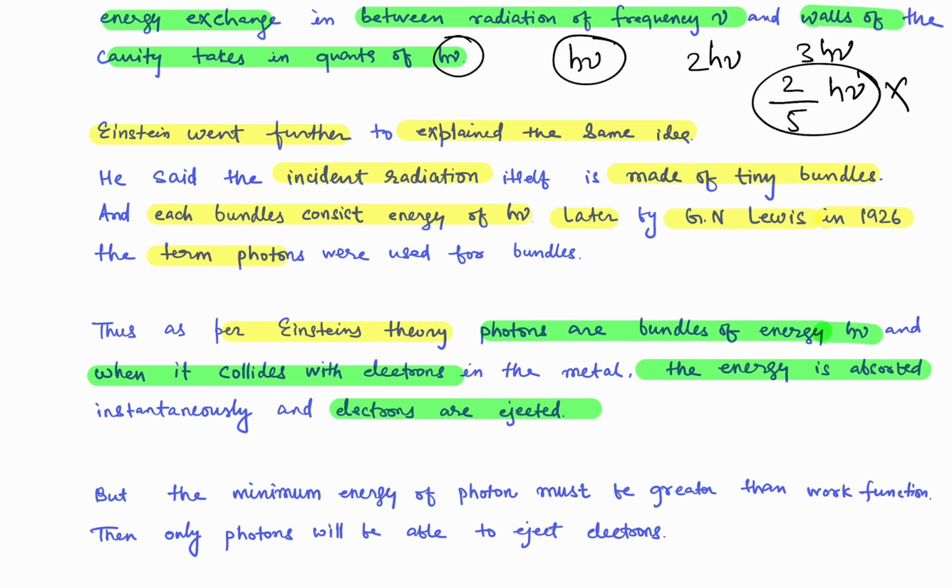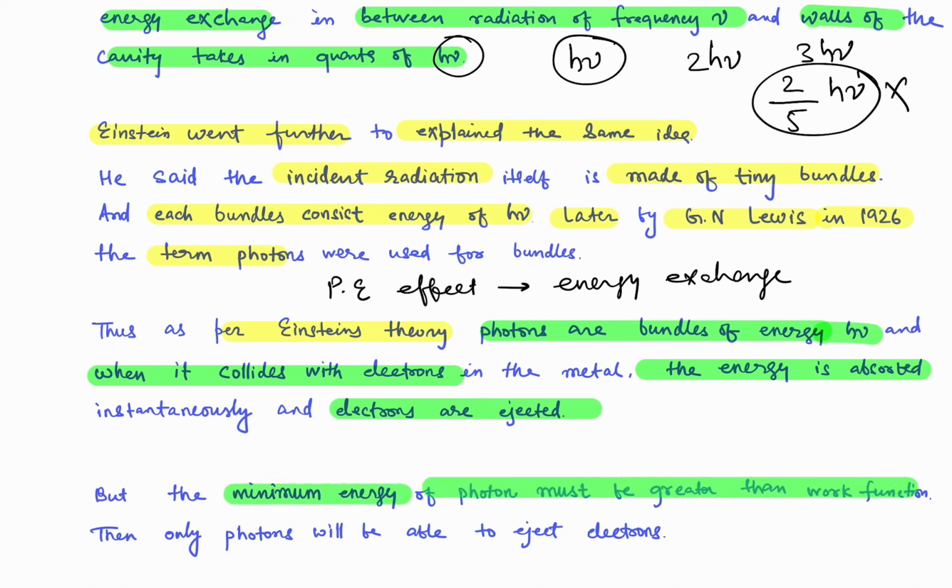So if I ask you what is the photoelectric effect, it is the phenomenon where energy exchange is taking place. You must remember that. Also, the energy of the photon must be greater than the work function. Then only electrons will be ejected.